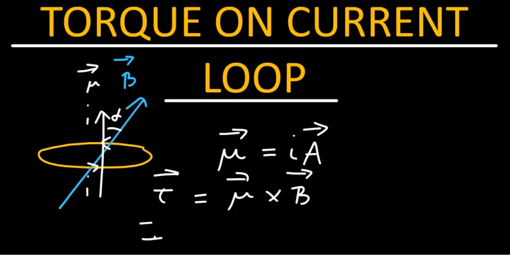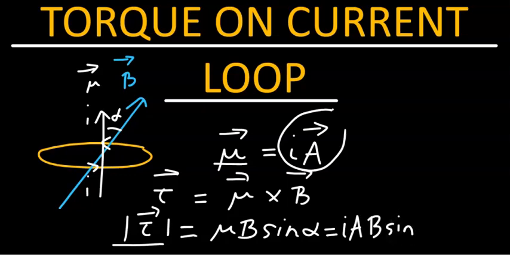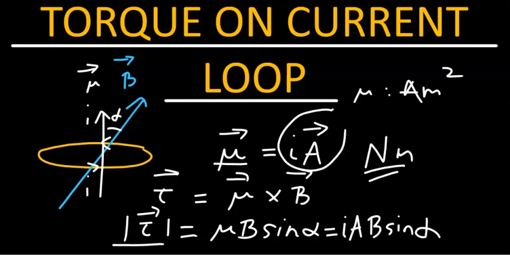The magnitude of that torque is given by the magnitude of the magnetic moment times the magnitude of the magnetic field times sine of the angle between them. And since mu, the magnetic moment, is just I times A, the magnitude of the torque is then I A B sine alpha. The unit for torque is Newton meter, and the unit for mu is ampere meter squared.